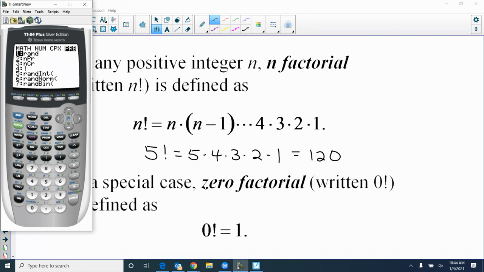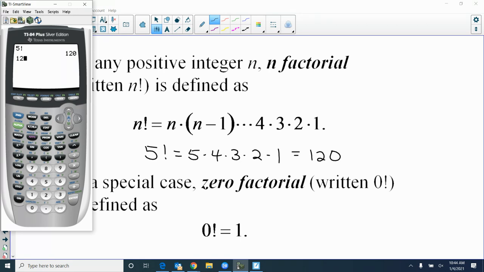The fourth one down has a little exclamation point. I got to put the number in first. So if I hit 5 and then math, PRB, now the number 4, 5 factorial is going to spit out 120.